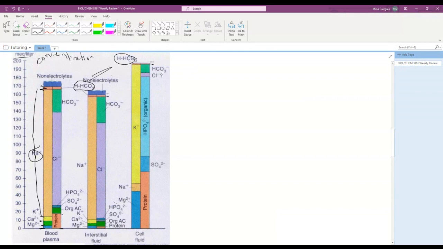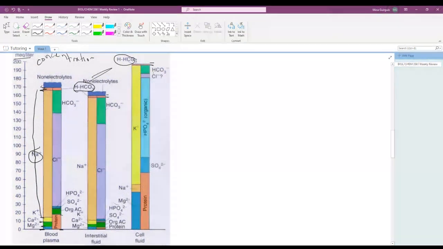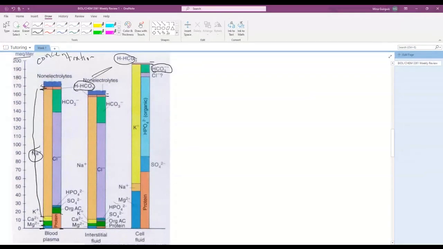Okay. The other thing I want to point out from this that we can use when we're learning is, if we're looking at, let's say, I believe bicarbonate, I might have that wrong, right here, no matter where we're looking, between the cell fluid and anything else, this is at a higher concentration, okay? So what do we know about higher concentrations going to lower concentrations? Passive transport.